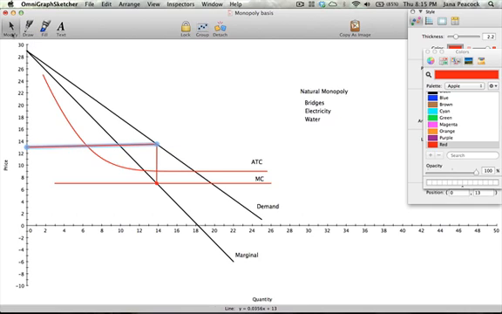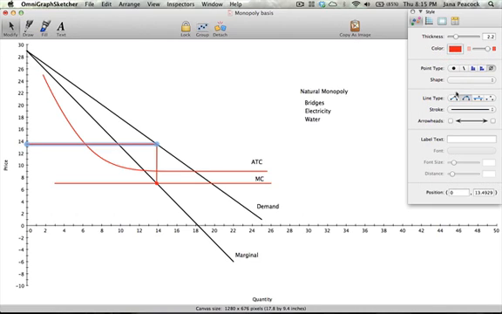But natural monopolies are the types of monopolies that are more likely to run at a loss. The reason being that these are the type of monopolies that are regulated by the government or often even controlled by the government in the case of water service. So here, to find profit, I'm actually going to look in this area between average total cost and marginal cost, and that's where I would find my profit.